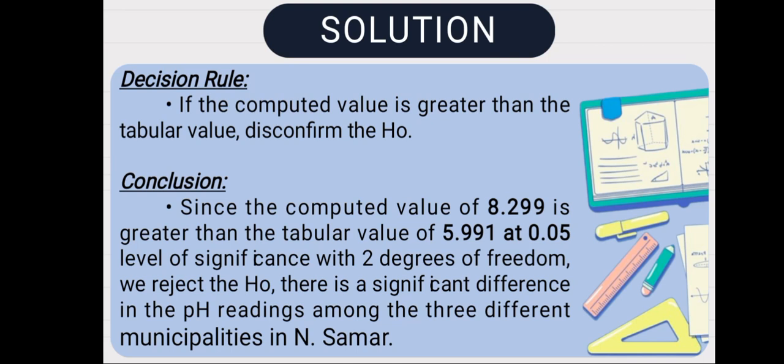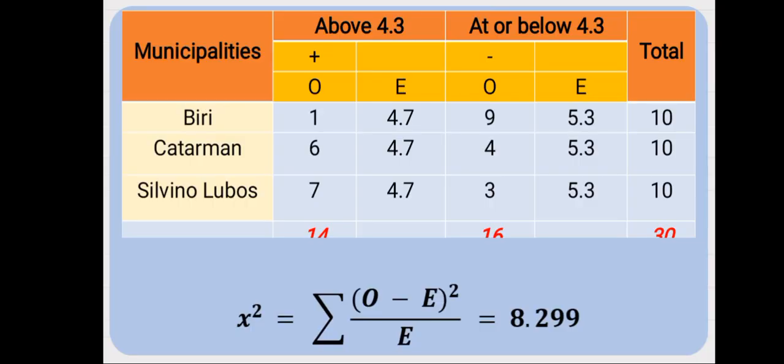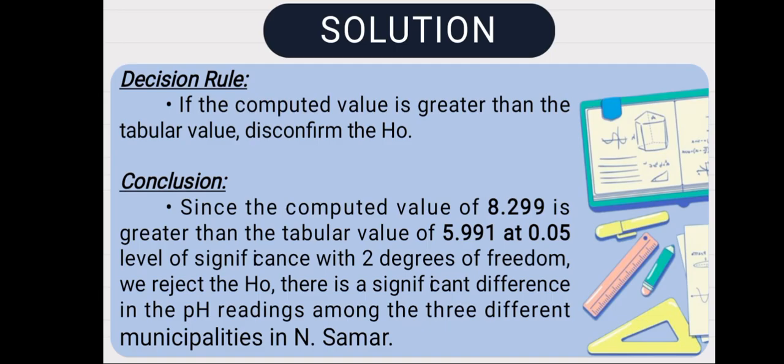Next is the decision rule. Naa naman tayo nakuha nga chi-square value. If the computed value is greater than the tabular value, we reject the HO. So, ang atong nakuha nga chi-square value kay 8.299, then ang atong critical value kay 5.991.